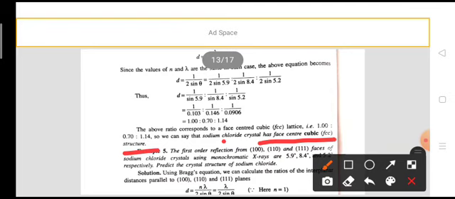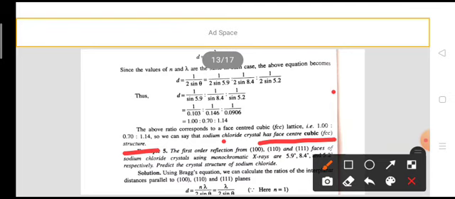Then compare for which lattice this ratio corresponds. So for sodium chloride crystal, the ratio of interplanar distance for different planes or different faces corresponds to face centered cubic lattice. So we can conclude that the sodium chloride crystal has face centered cubic structure.